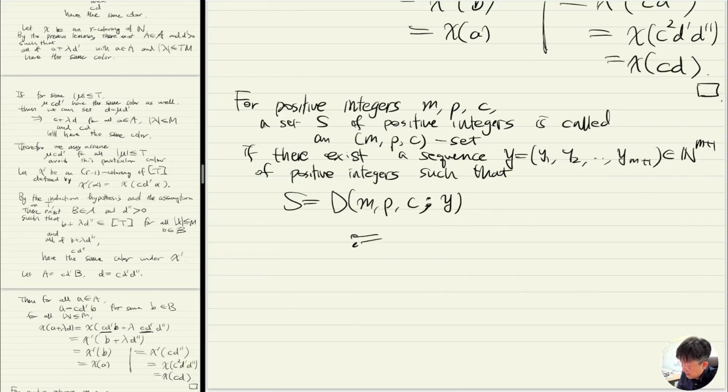This is defined as the union of the following.